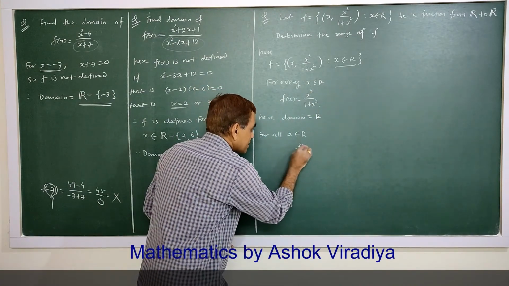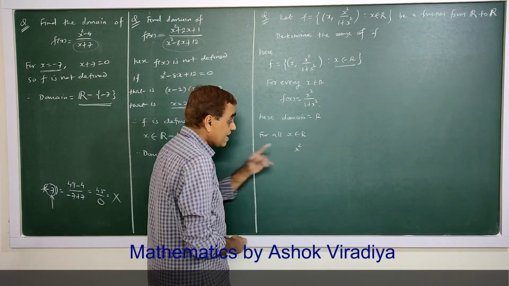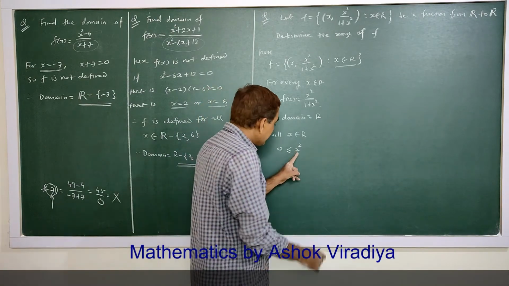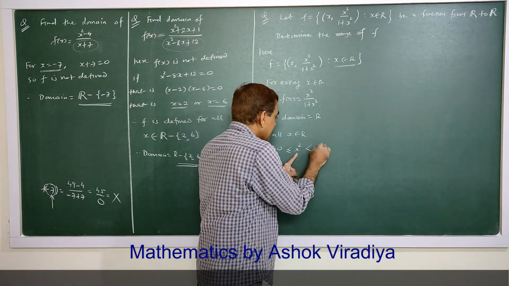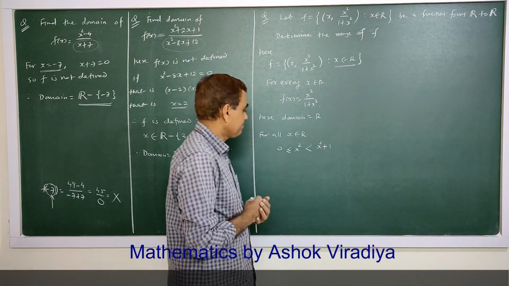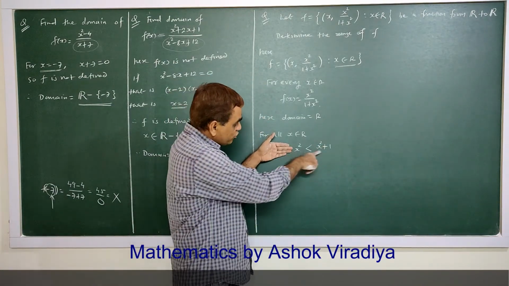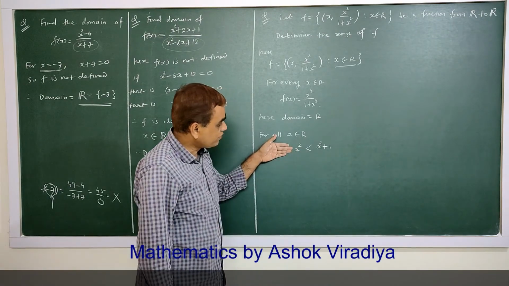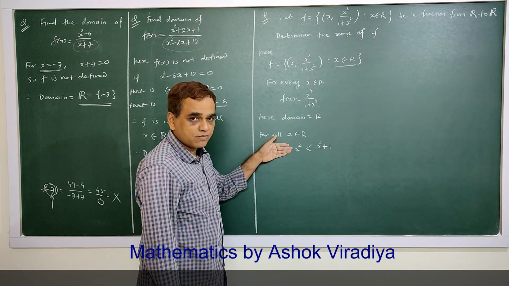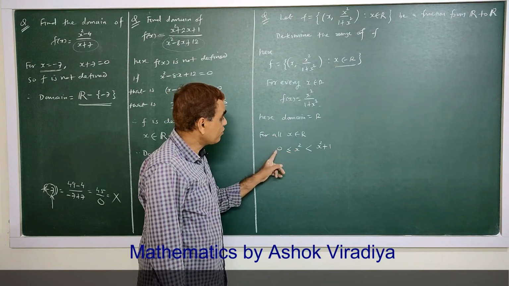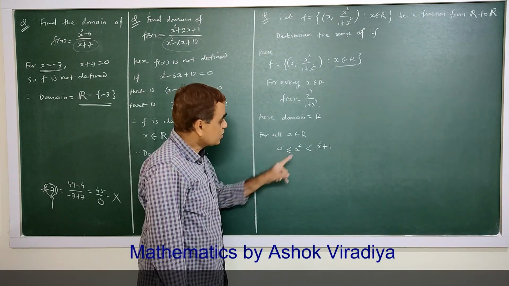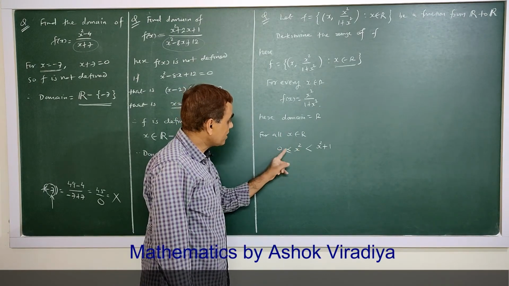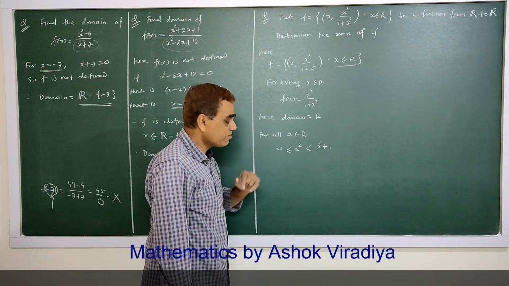We know that x squared is more than or equal to 0, and this is less than x squared plus 1. See, this is always true. x squared is less than x squared plus 1, it is always true. And x squared is more than or equal to 0. A square is always non-negative. For any x, x squared is more than or equal to 0 and x squared is less than x squared plus 1.